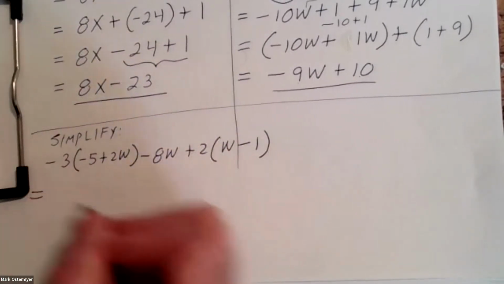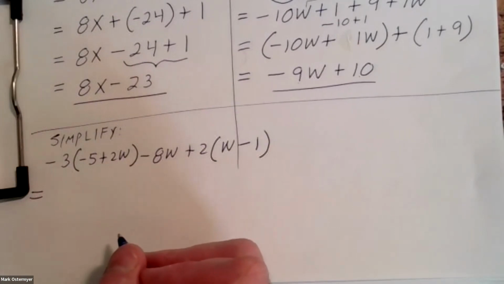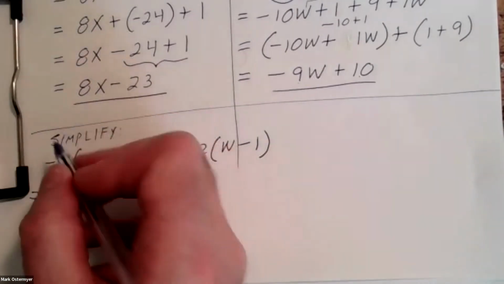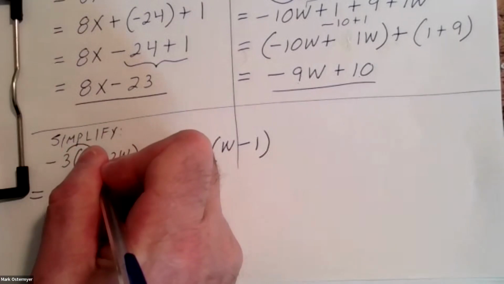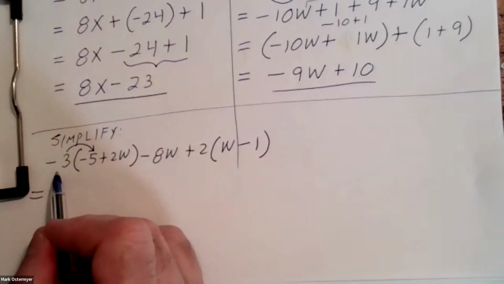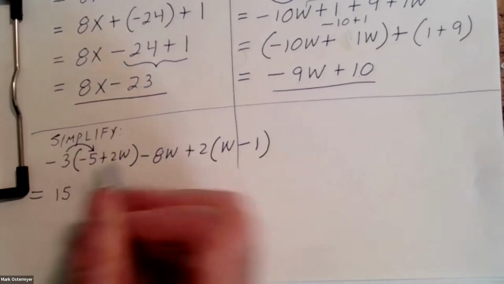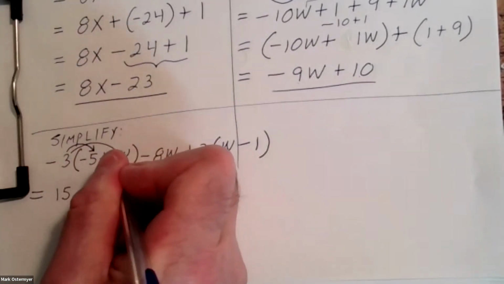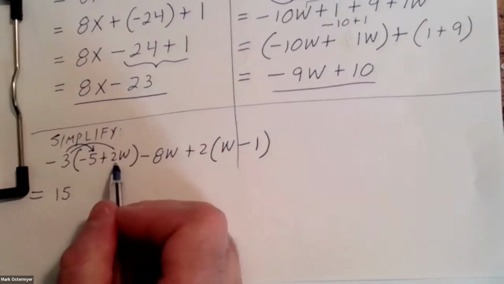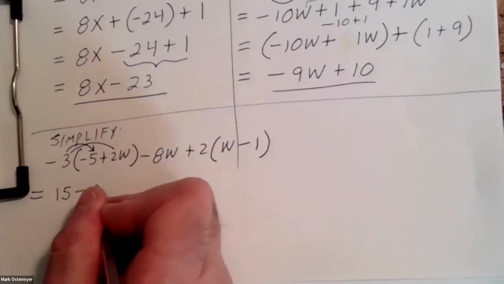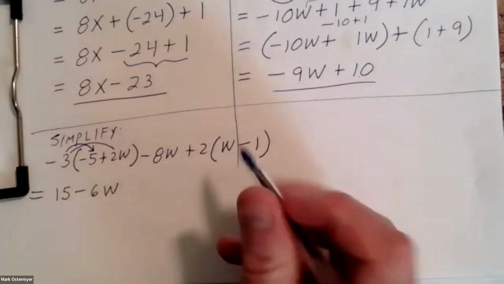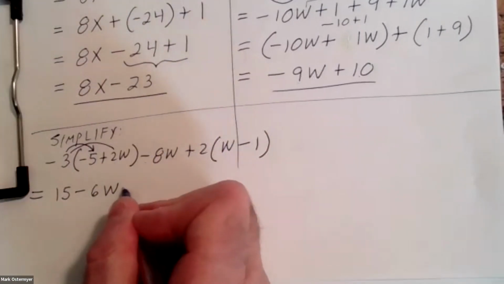The only way we remove parentheses is to use our distributive property. So I'm going to take the -3 and multiply it by -5. -3 times -5 is a positive 15. -3 then will get multiplied by 2w to give us -6w. Minus the 8w, just bring that down.